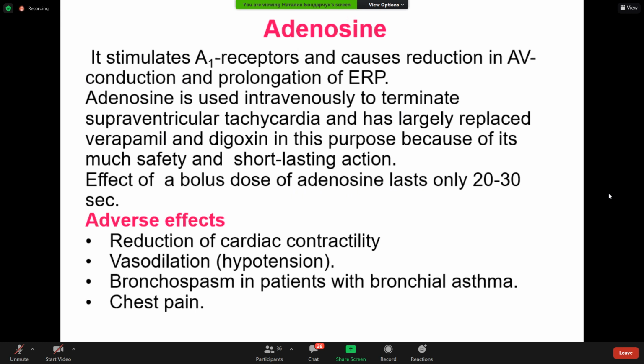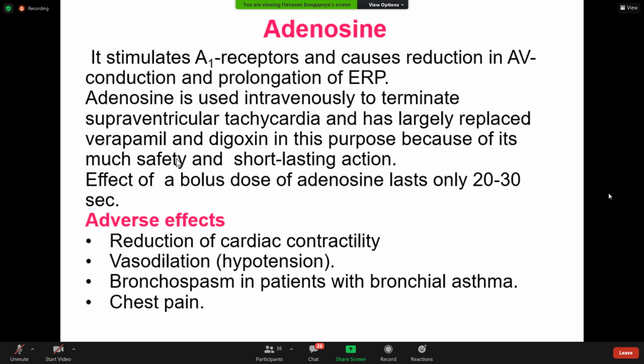That's why during this time, side effects are not very long. Reduction in cardiac contractility, vasodilation, bronchoconstriction, and chest pain lasts only 20 to 30 minutes. That's why nowadays it's better to use adenosine to terminate supraventricular tachycardia.